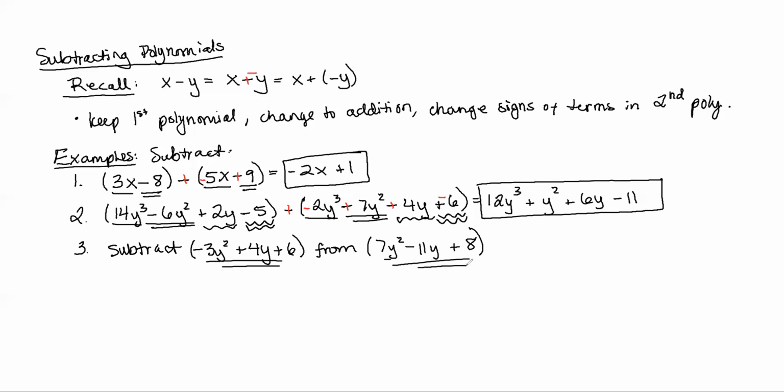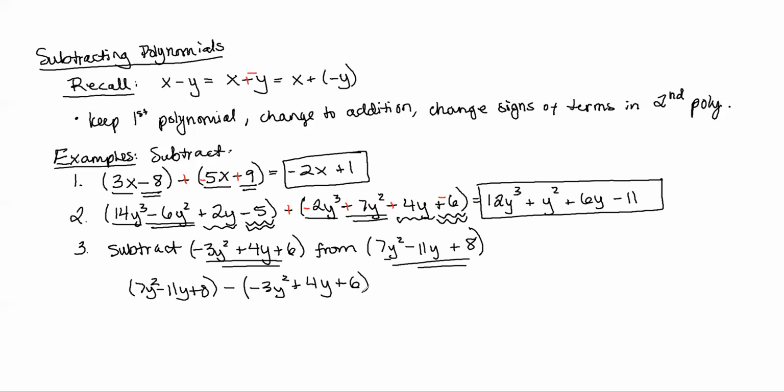So we're subtracting this first one from the second polynomial. If you remember with the ordering here, since we're subtracting one from the other, the one that we're subtracting from is going to go in the front. So we're going to have 7y squared minus 11y plus 8. And then we're subtracting this other polynomial from that. So minus negative 3y squared plus 4y plus 6. We've got our setup.